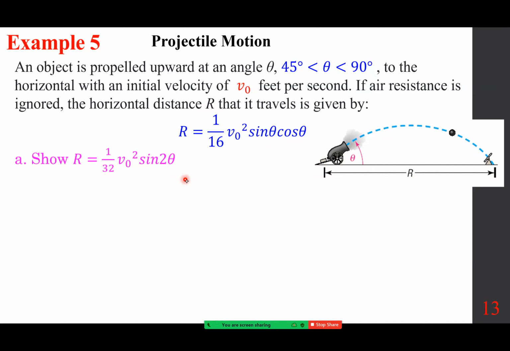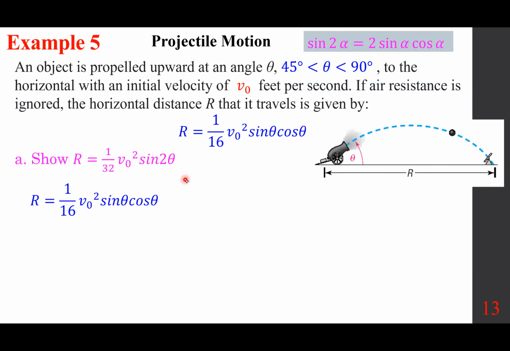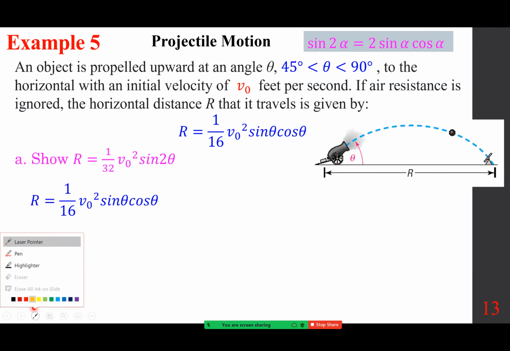We know that sine 2 alpha is 2 sine alpha cosine alpha. Therefore, if you look at this part, if we had a 2, it would be sine 2 theta.